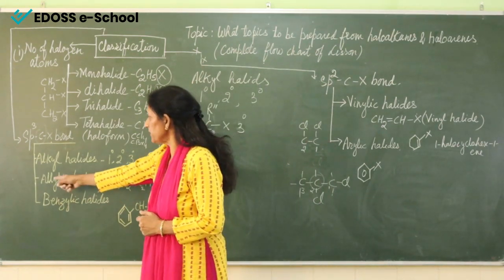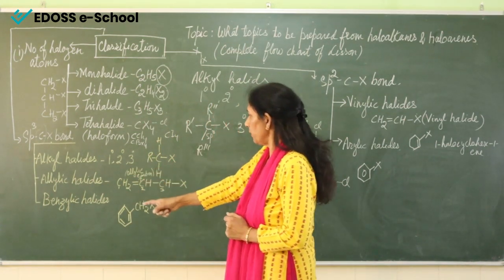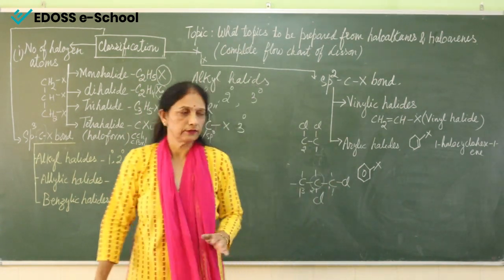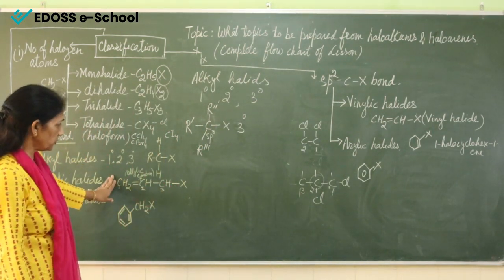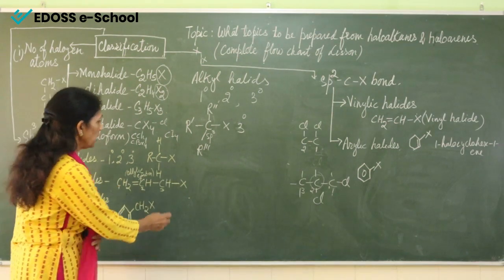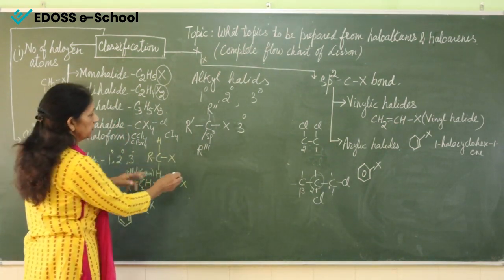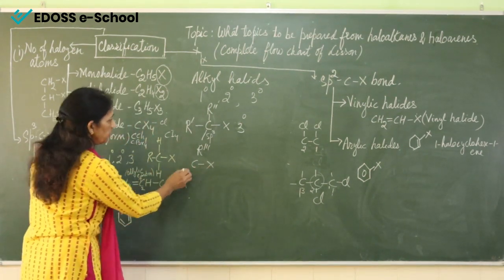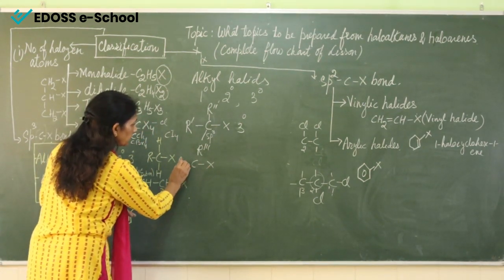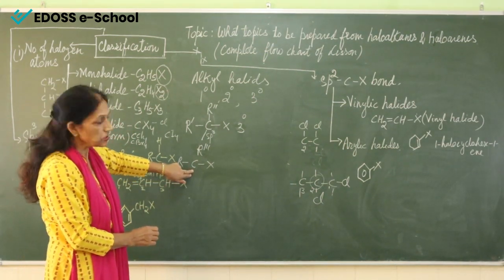Now the second type is allylic halides. So what are allylic halides? You can see here, this is one example, CH2 double bond CH, CH. Now see, in the first case, alkyl halide, this is the C-X bond and the alkyl group is directly attached to the sp3 hybridized carbon.